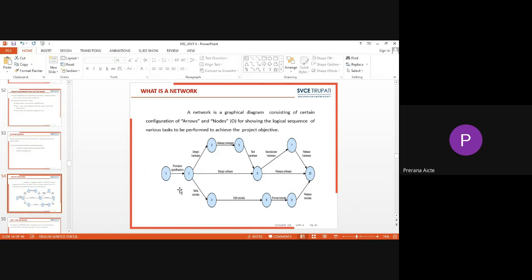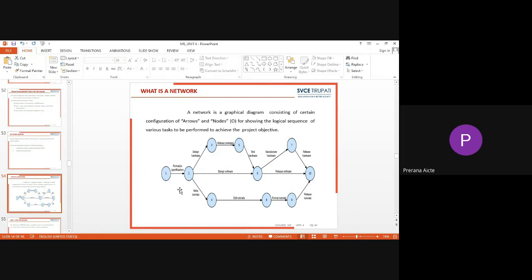In this example, the complete network construction is done based on certain rules, and these rules are generally called Fulkerson rules. These Fulkerson rules are mainly used to construct a network based on the project data.